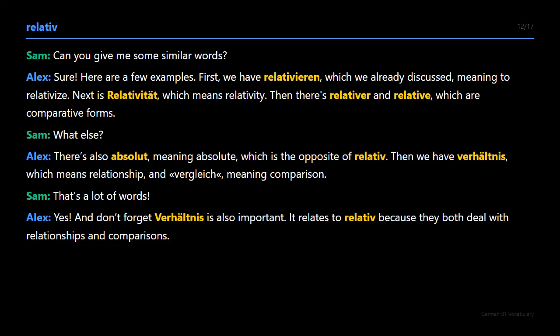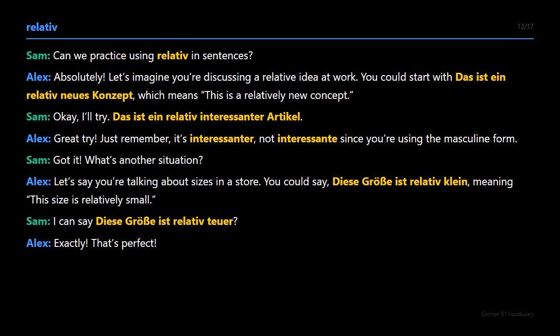Can we practice using relativ in sentences? Absolutely. Let's imagine you're discussing a relative idea at work. You could start with, Das ist ein relativ neues Konzept, which means this is a relatively new concept.